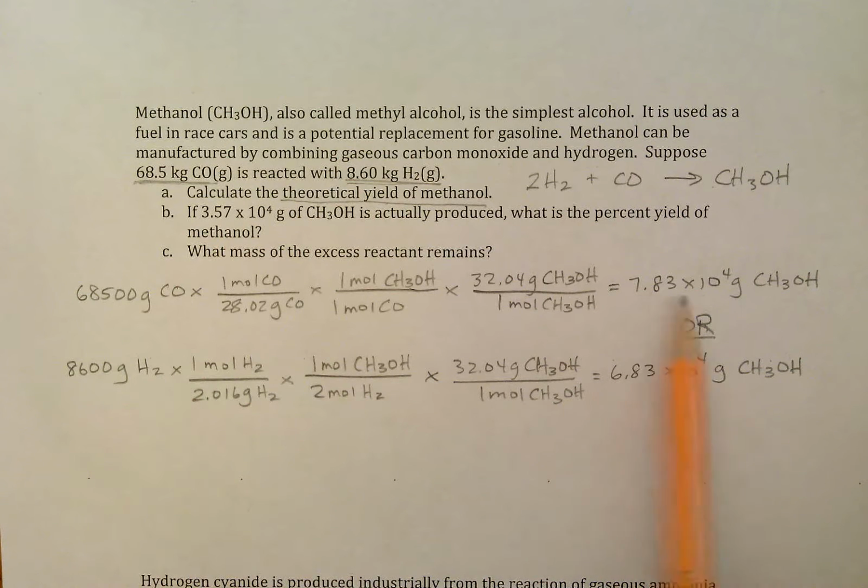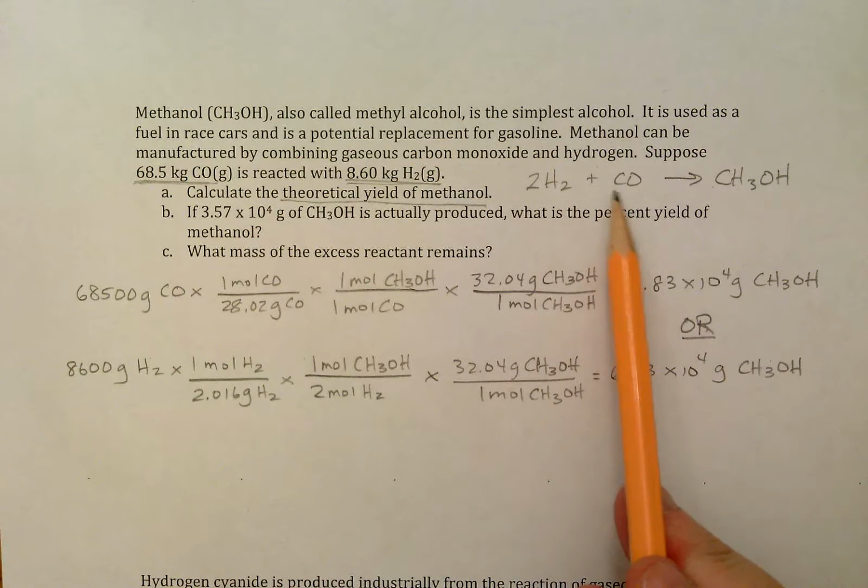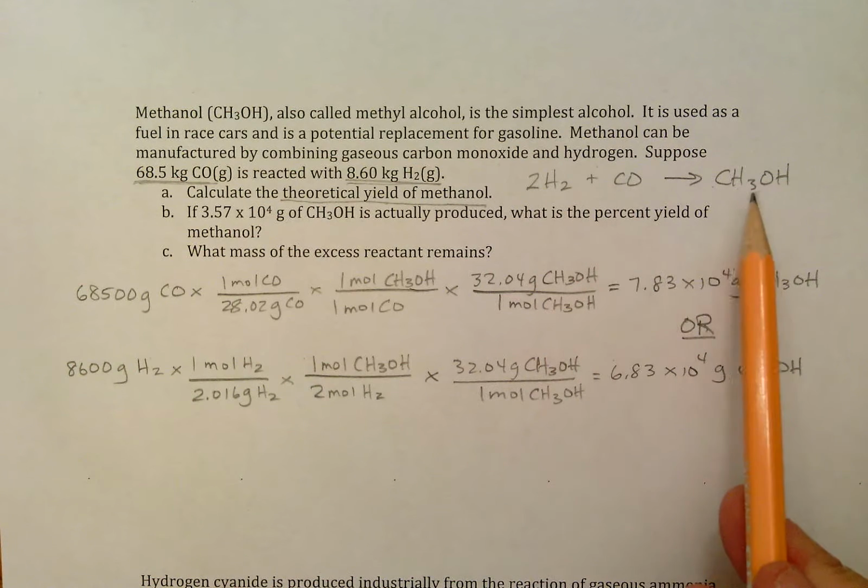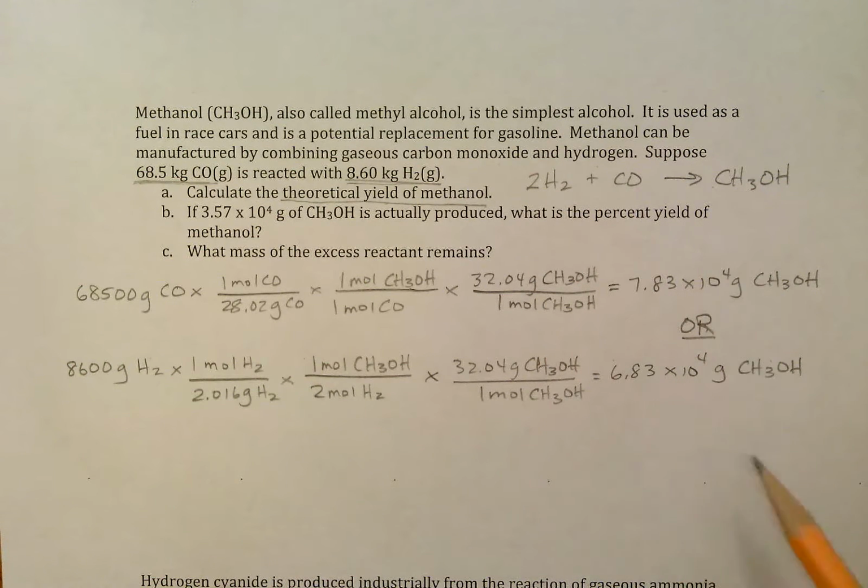So we're going to be able to make this much, the 6.83 times 10 to the 4th grams, and then run out of hydrogen and still have more carbon monoxide to be able to make more methanol. So unless we get more hydrogen, we can't ever get to this amount. So this is not the right answer. The theoretical yield of methanol will become this one. Theoretical yield. Okay, so we've answered part A.